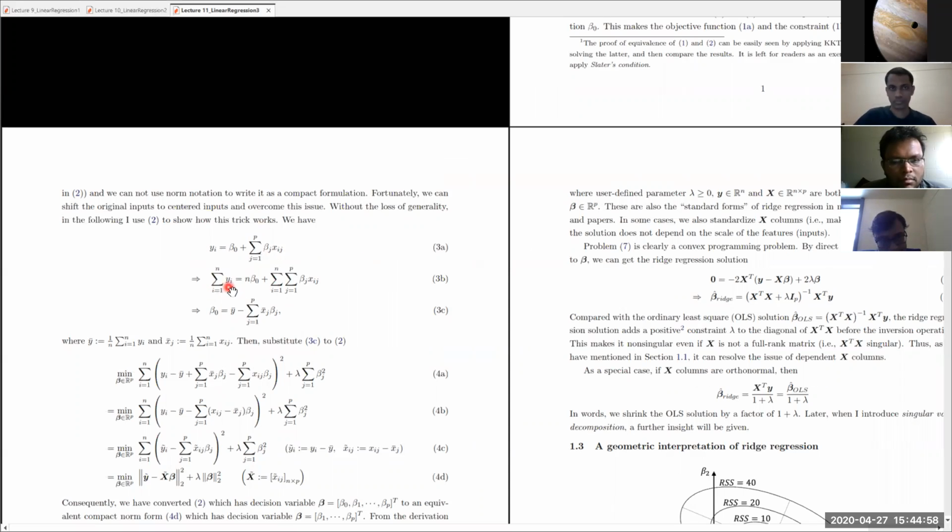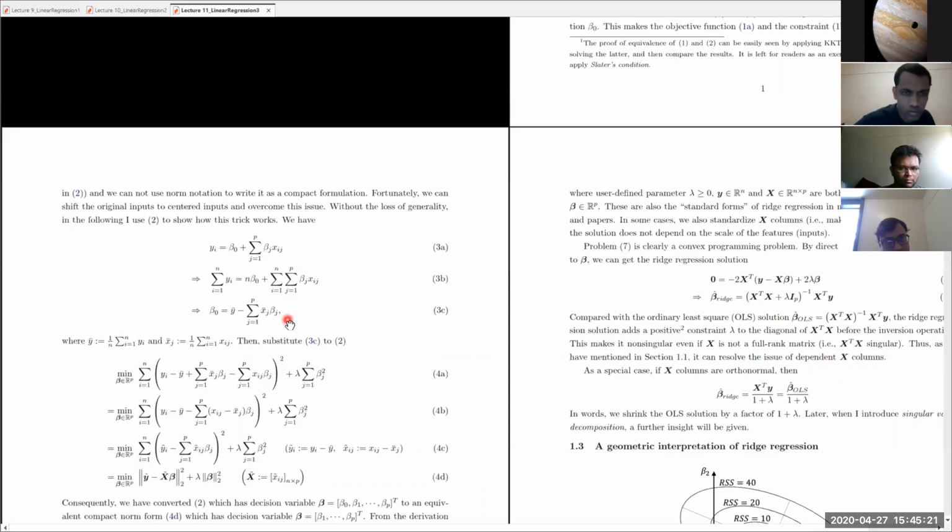Now I sum all these n rows, and I have this. And finally it gives me beta 0 equals y bar minus the summation of x_j bar times beta_j, where y bar is the mean of the y's, and x_j bar is the mean of the input values of the jth column.